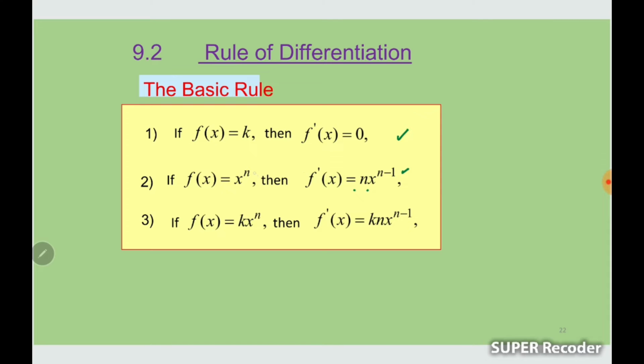Take a look here that n is brought in front, then multiply with x, then the power for n is minus 1. Number 3, if f(x) is a constant k times x to the power of n, then f prime x equals k multiplied by n x, and the power is n minus 1.